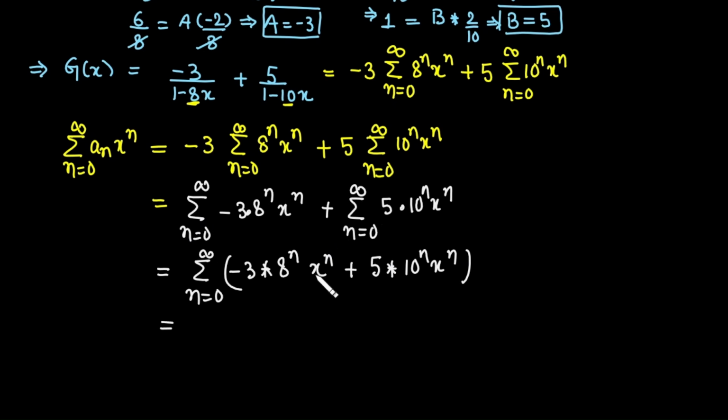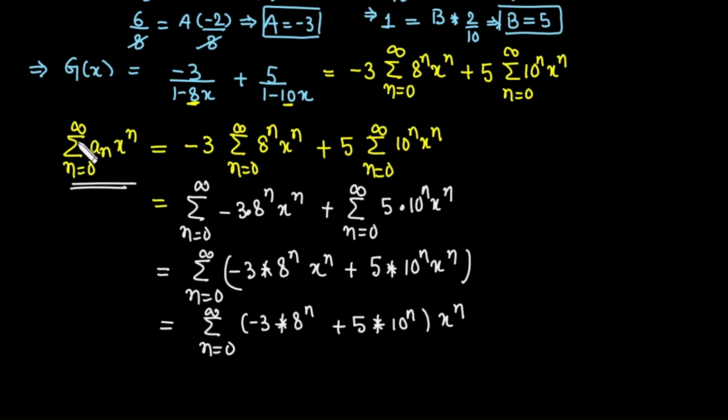From here we can also take x raised to power n outside. This is equal to summation n from 0 to infinity of minus 3 into 8 raised to power n plus 5 times 10 raised to power n, into x raised to power n. Now compare this with this.